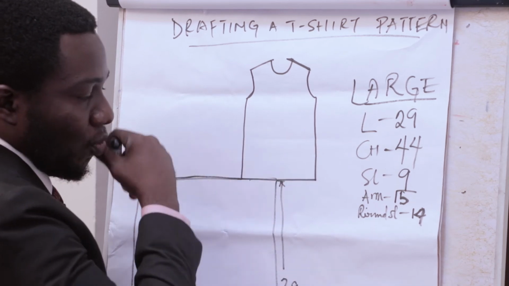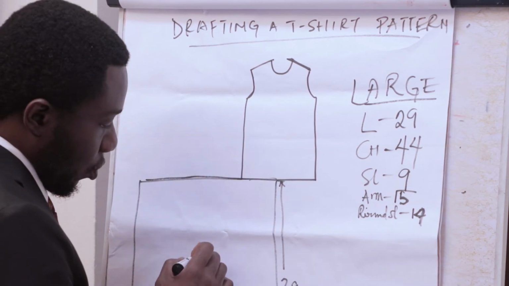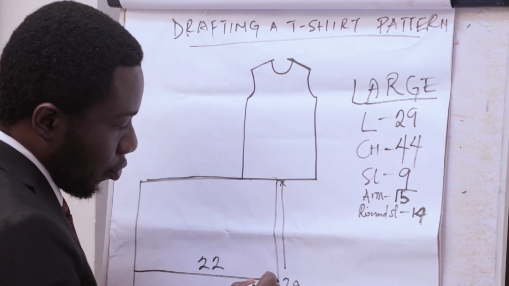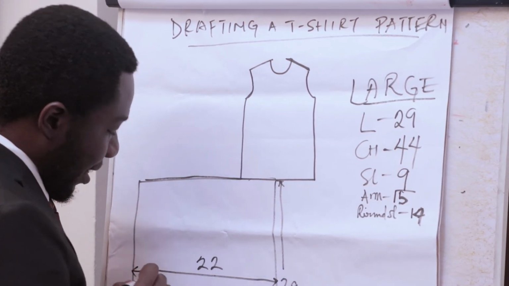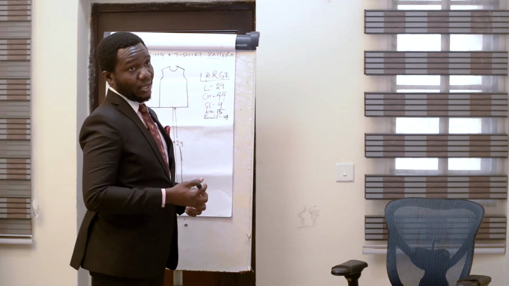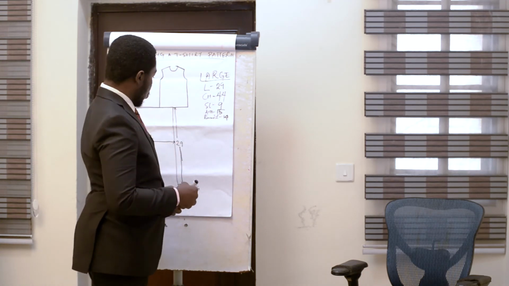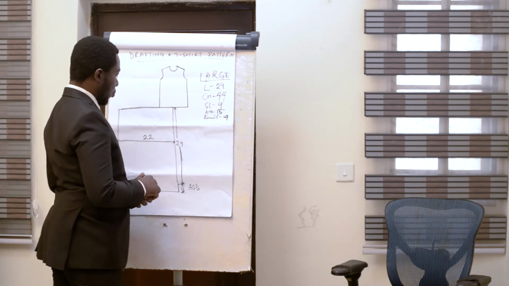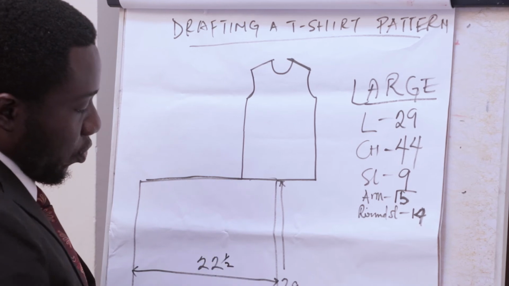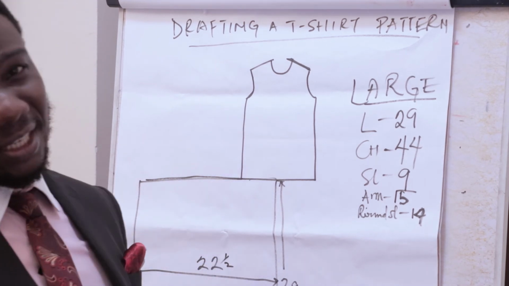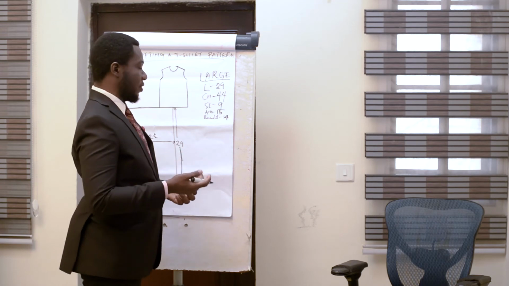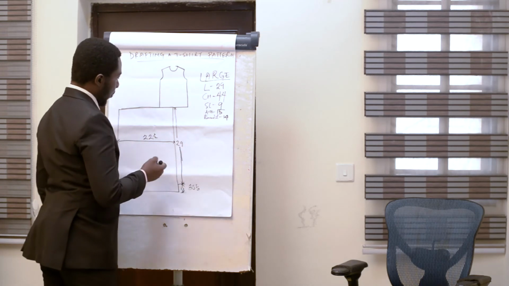So most people just do straight 22 as the wideness, because by the time you finish sewing, it expands back to that 22 a lot of times. It's very few times that you have it less than 22. But for purpose of perfection, you might just do 22.5, so that even if it doesn't expand, it comes to 21.5, which is still within the room of safety for cutting and all of that.